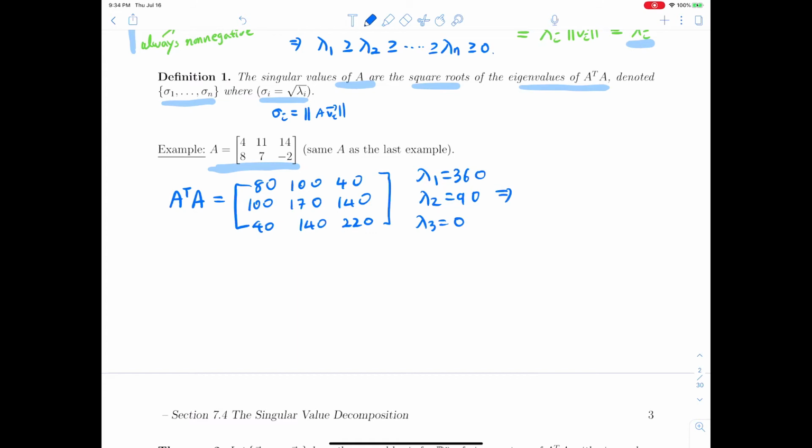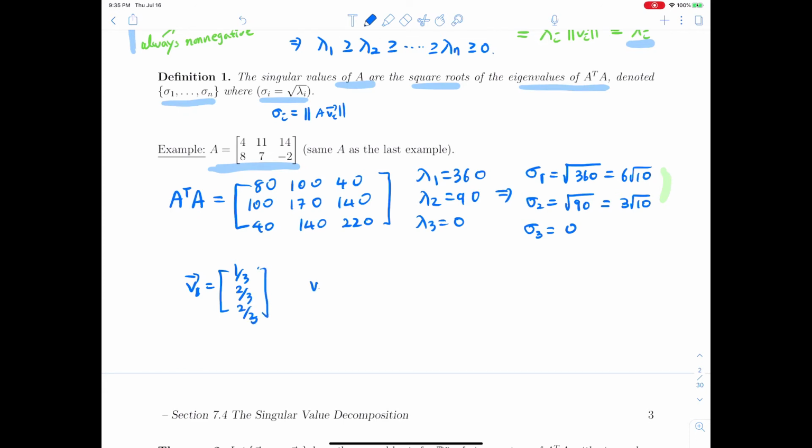So from here, we got sigma 1, the first singular value, equals the square root of 360, which equals 6 square root of 10, and sigma 2 equals the square root of 90, which equals 3 square root of 10, and the third one equals 0. Now, for non-zero singular values, we had the corresponding eigenvectors v1 and v2. So v1 was given by 1/3, 2/3, and 2/3, and v2 was given by negative 2/3, negative 1/3, and 2/3.